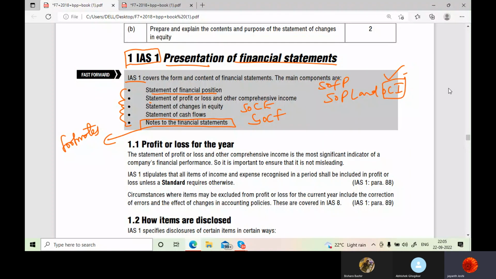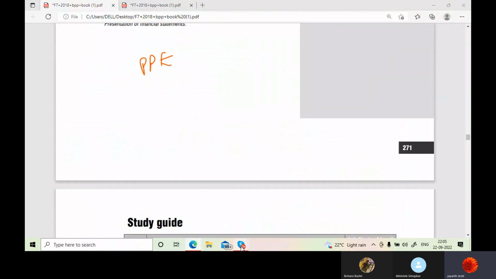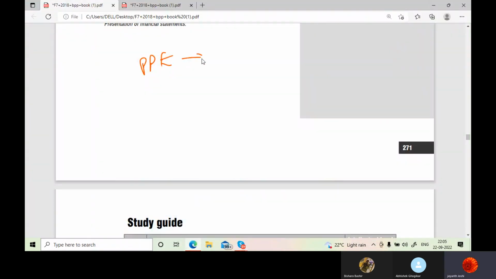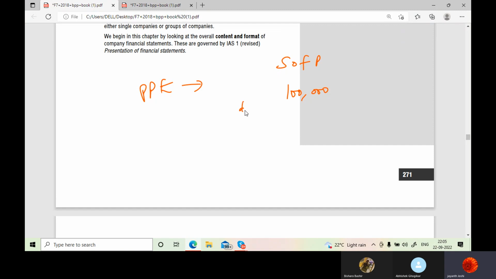that means if there is property, plant and equipment, and you are showing this property, plant and equipment as $100,000 in the balance sheet, in the statement of financial position, and every year you are charging depreciation of this property, plant and equipment at the rate of 10%.